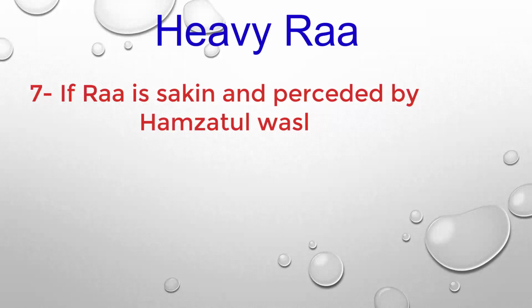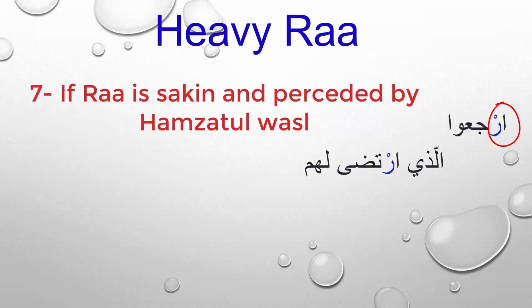Just as in the word irji'u, this is a heavy sound. We also have الذي ارتضى لهم. If you notice, in the first example, Hamzatul Wasl is pronounced and Ra is heavy.